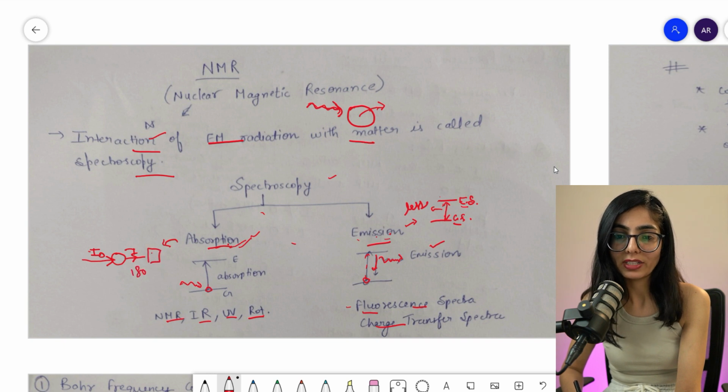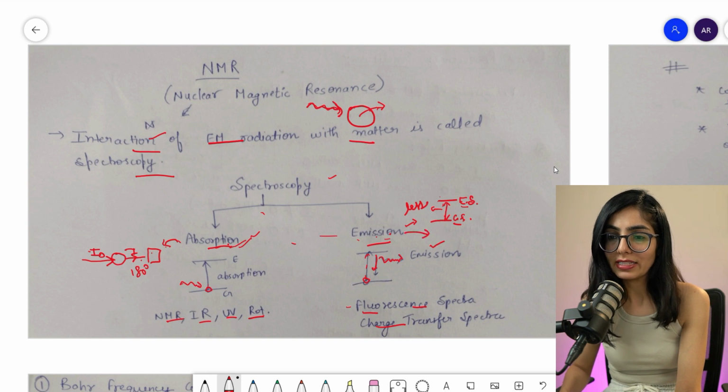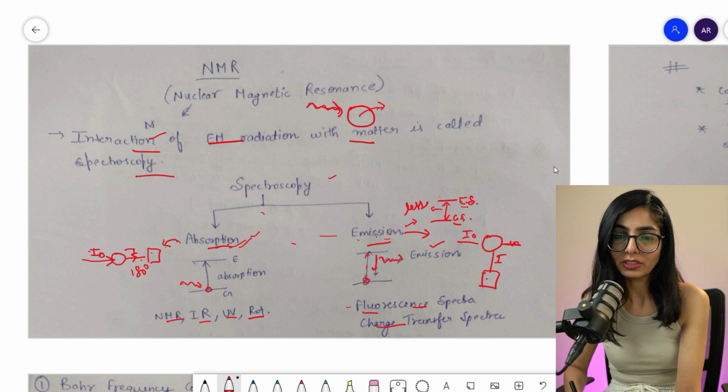In emission, suppose any incident light is there, a matter is there, so light will transmit like this. Detector, suppose this is the detector, I'm writing it with D. So the detector will be placed at 90 degrees over here.